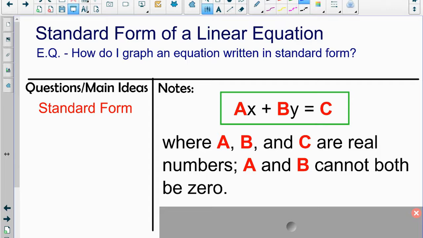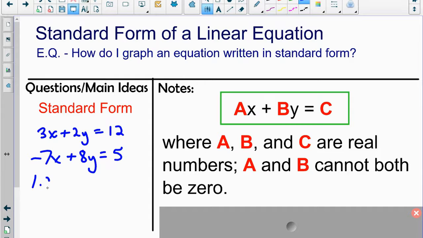If I were to give you some examples of equations in standard form, we could have 3x plus 2y equals 12, negative 7x plus 8y equals 5, 1.2x minus 6.3y equals 7.9.